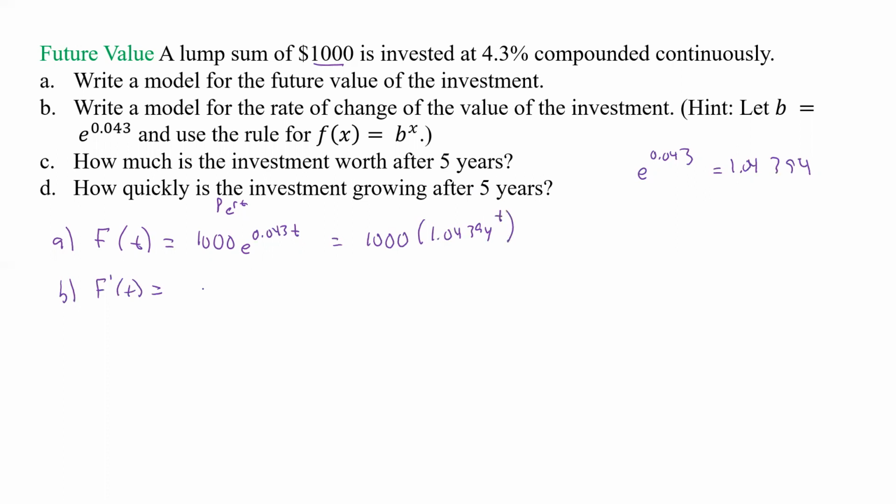Now, that becomes 1000 ln of 1.04394 times 1.04394 to the t. So that's going to be our function that we use. And what are our units? It's going to be dollars per year.